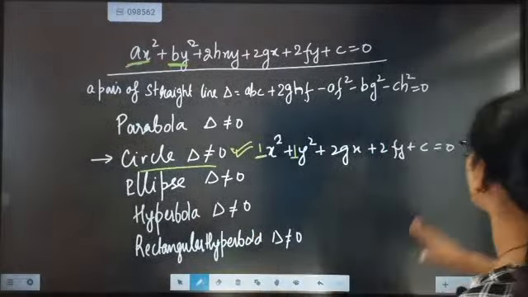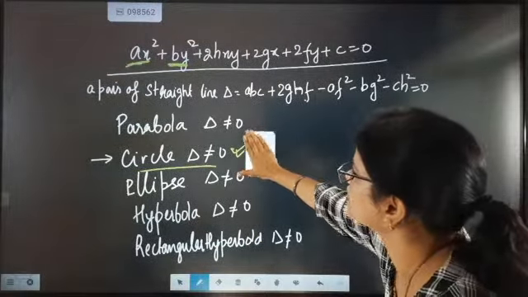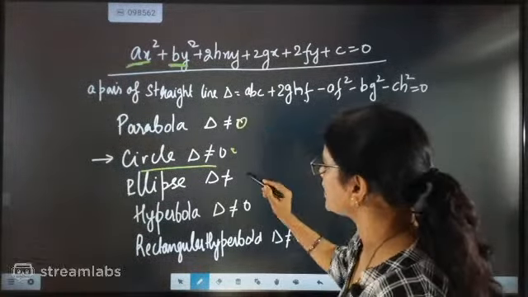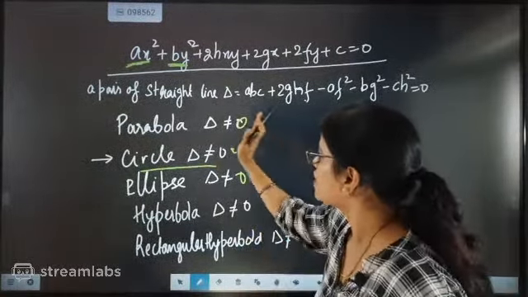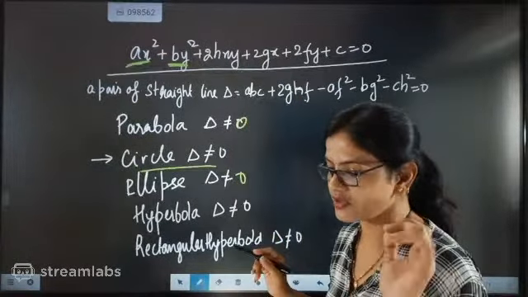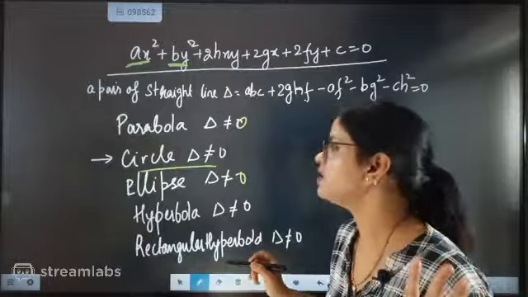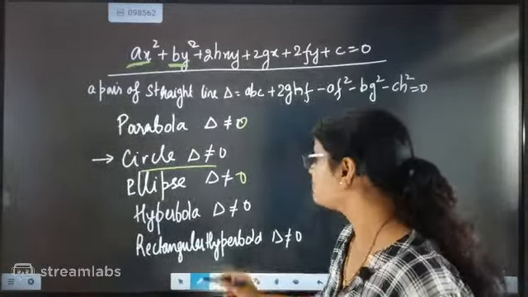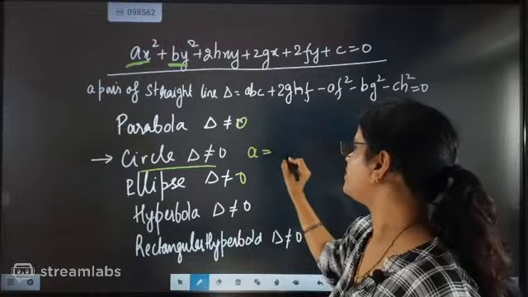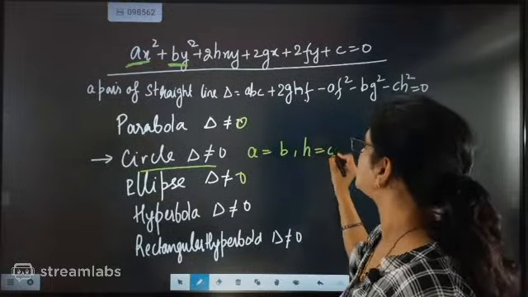Another important point is that for the general equation of a circle, the coefficients of x square and y square will be exactly the same. Take it as 1 for simple understanding. So a will be equal to b, and h will be equal to 0.